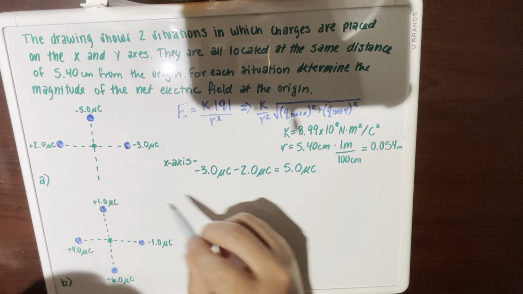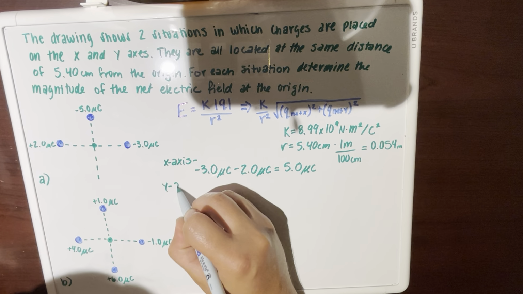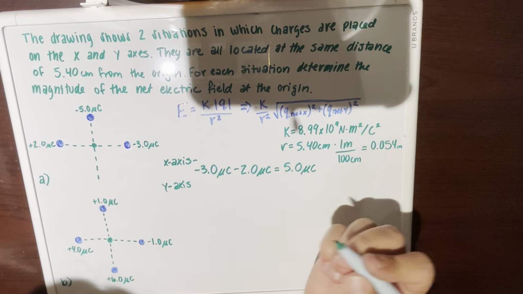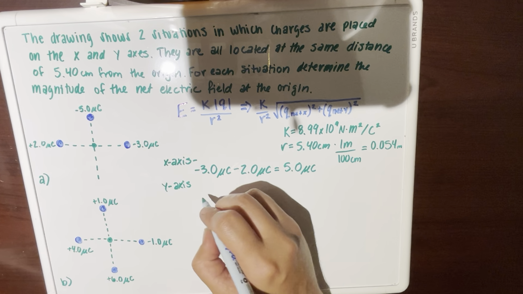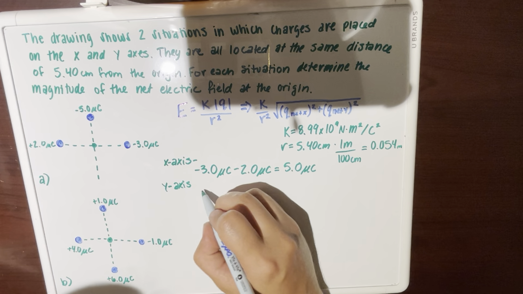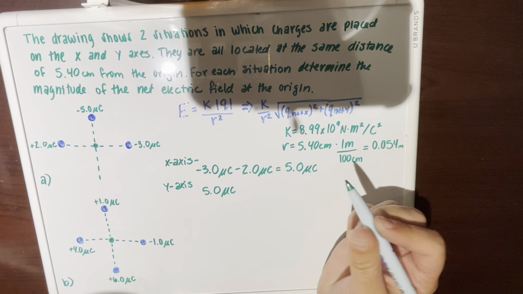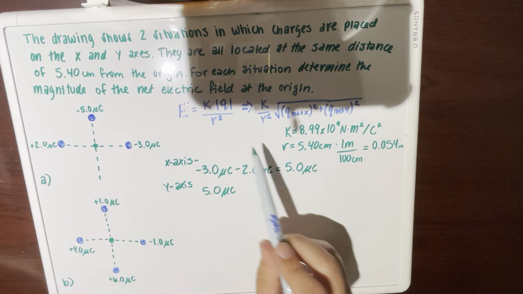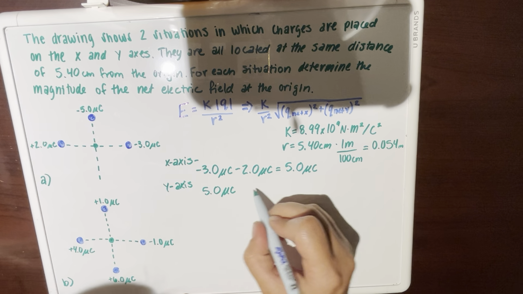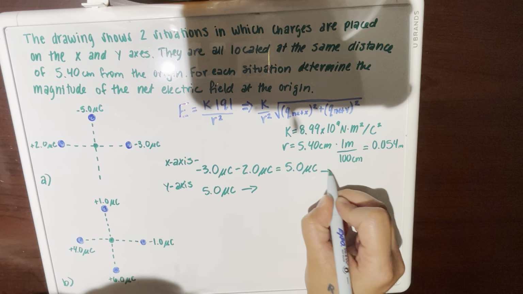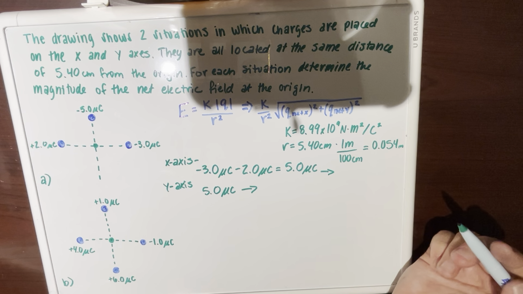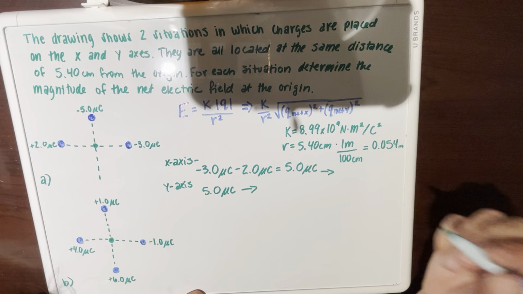microcoulombs. And for the y-axis, we just have the 5.0 microcoulombs. Again, it's just 5 because we want the absolute value. And these are both going to be converted to coulombs.